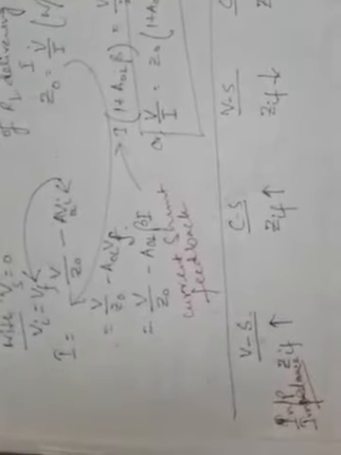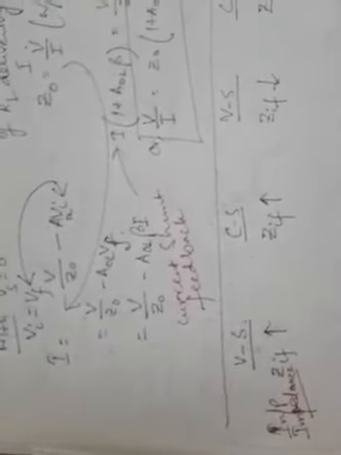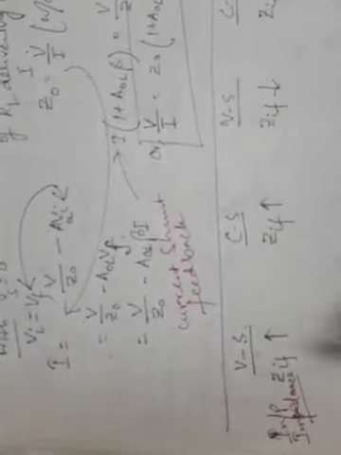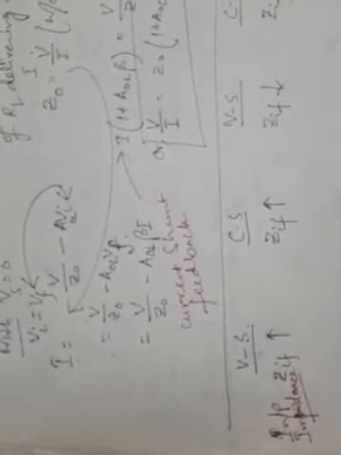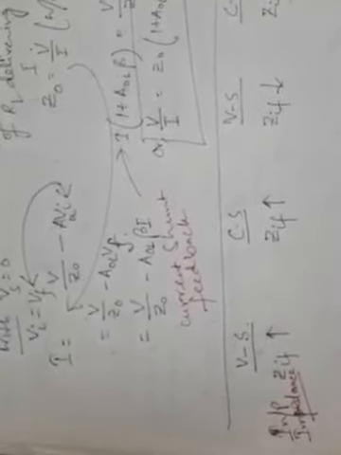That means this is the row for input impedance. So the effect on input impedance of the negative feedback for different topologies will be seen like this, and the effect on output impedance of the negative feedback for different topologies should be ZOF.